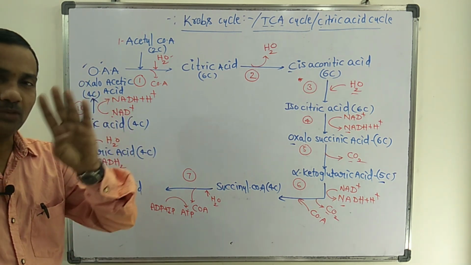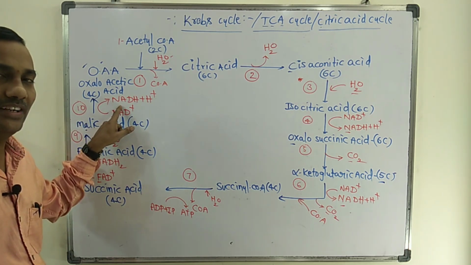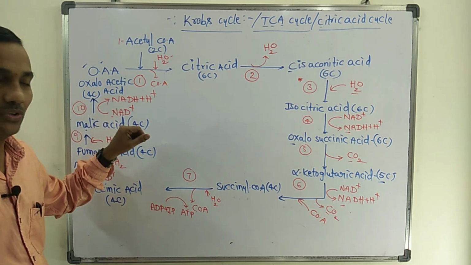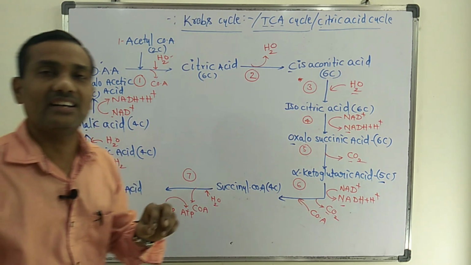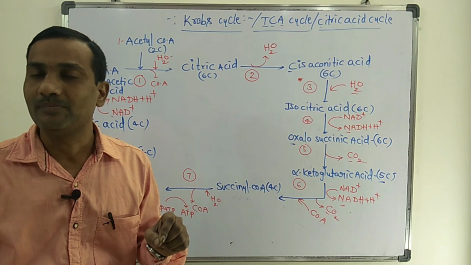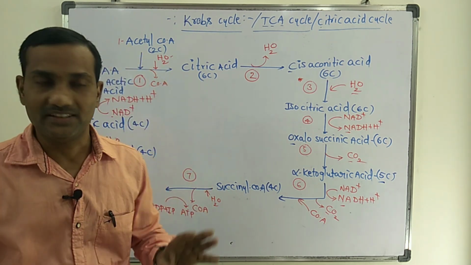In total, 4 oxidation steps occur. At the 10th step, one more NADH, H plus is produced. That is the last step, the 10th step, the fourth oxidation.